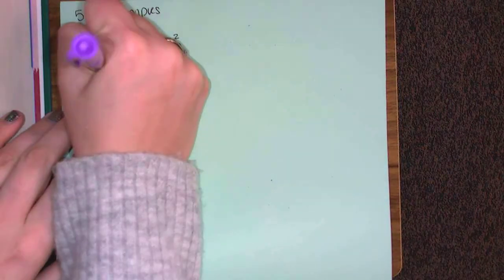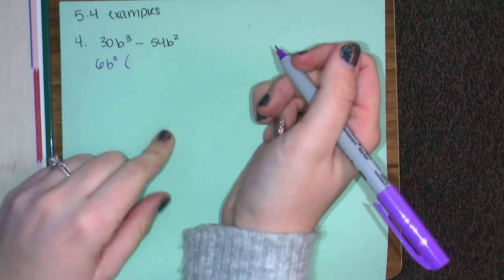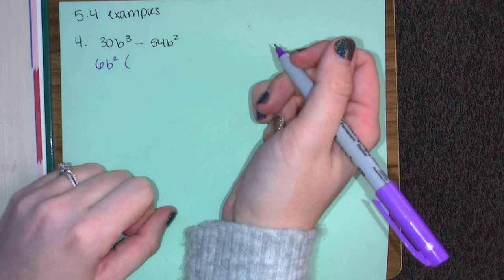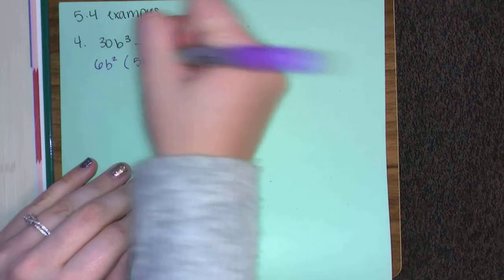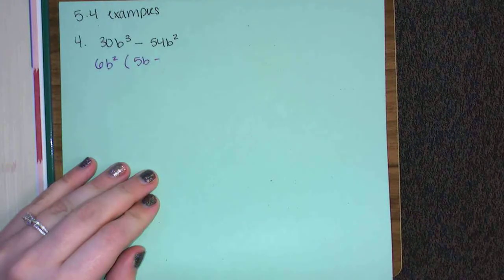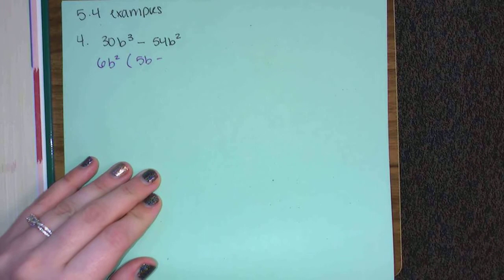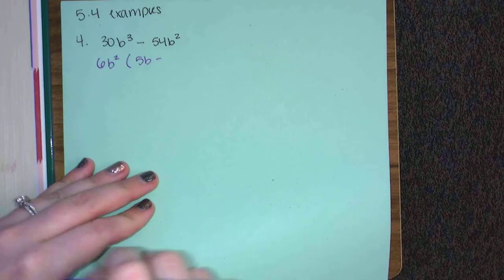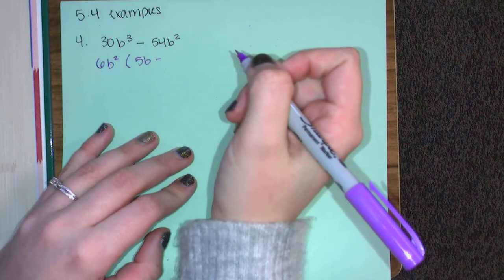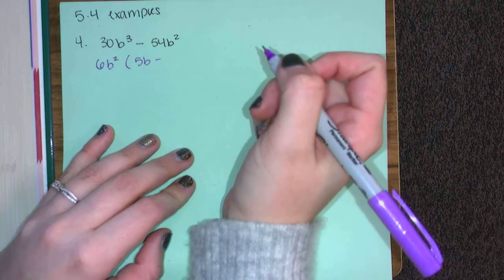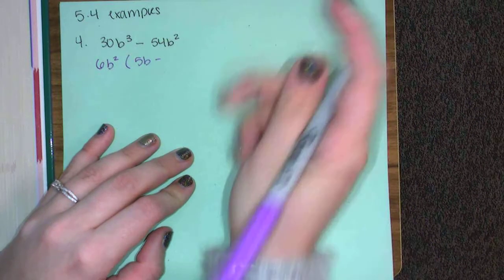So 6b squared times, so what's left with these two when you take out a 6b squared? Okay, so we had 5b, and I don't know if y'all said what this piece is.